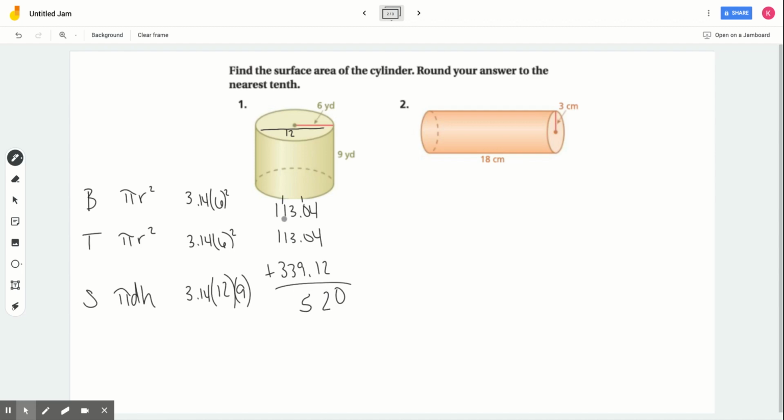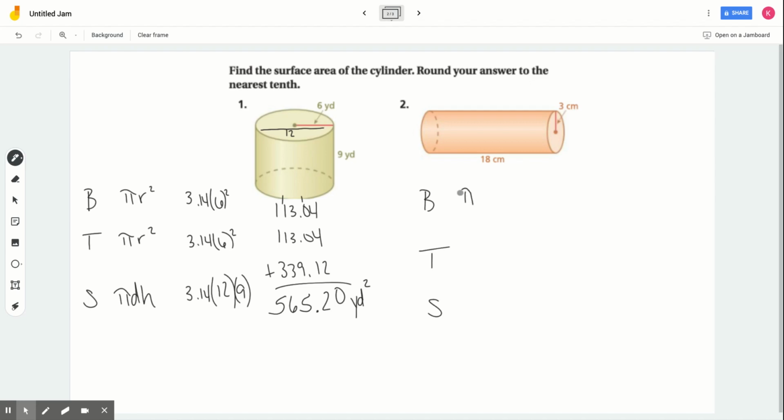Carry a 1. 1, 2, 3, 6. 1, 2, 5. So we have 565.2 yards squared. Again, we're talking about area, so we're squaring our units. 565.2 yards squared.